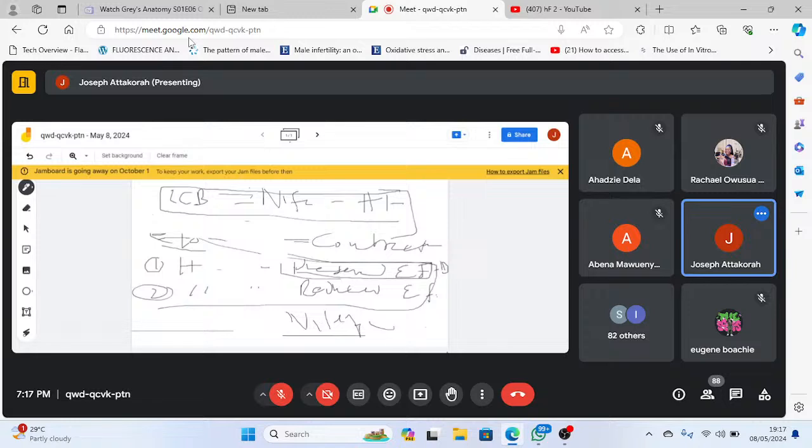So if a patient comes with reduced ejection fraction, will you give amlodipine? Why will you give amlodipine with reduced ejection fraction?